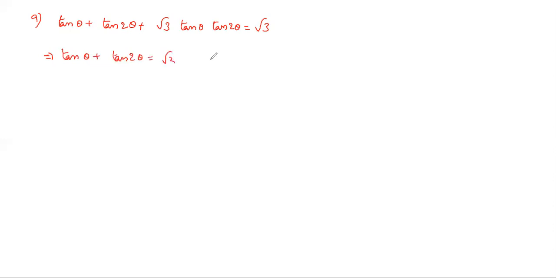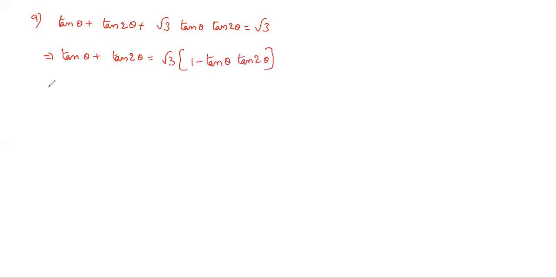Next, 9th one. tan theta plus tan 2 theta plus root 3 tan theta tan 2 theta equals root 3. So tan theta plus tan 2 theta equals, we take this term to the right side and take root 3 common, so that we get 1 minus tan theta tan 2 theta.